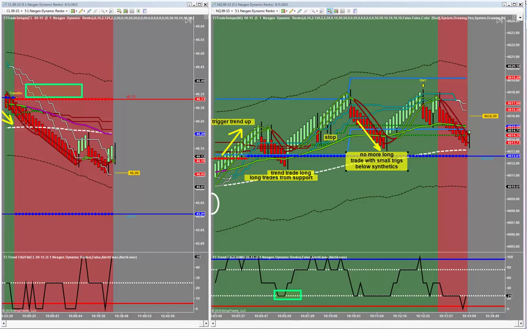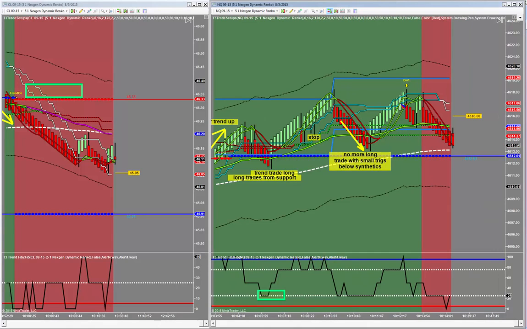Okay, Carl, good. Right, so yeah, the market did bounce up, but look how limited that bounce up was. And we already knew that because our small triggers had violated the midband, violated the synthetic triggers, which is our first warning sign that the market may not go any higher.